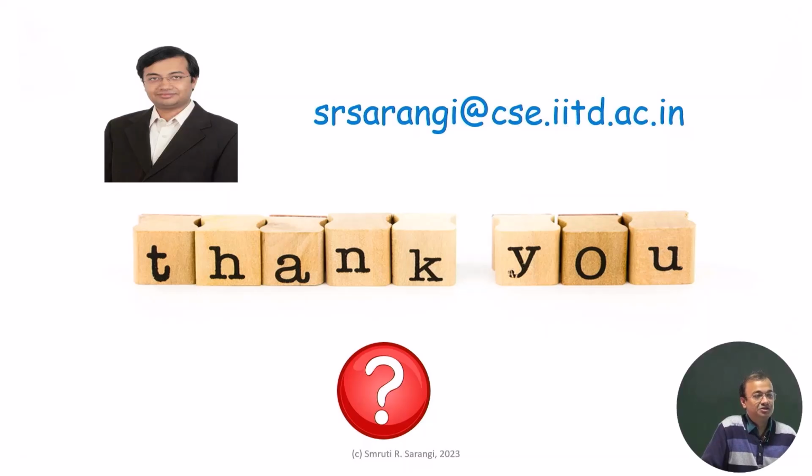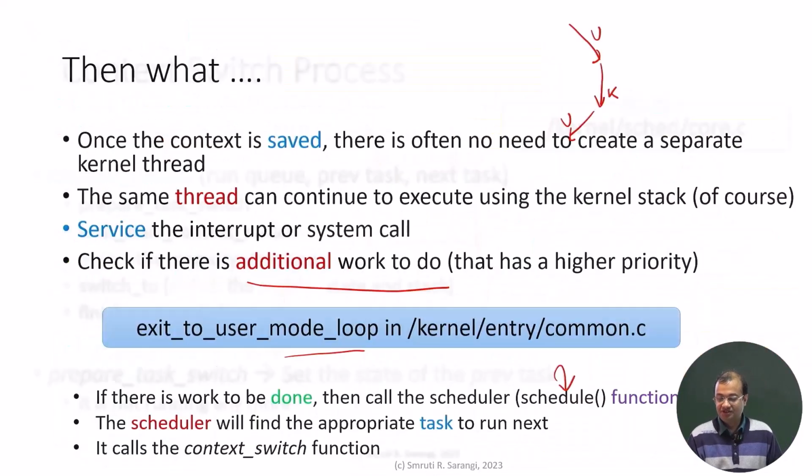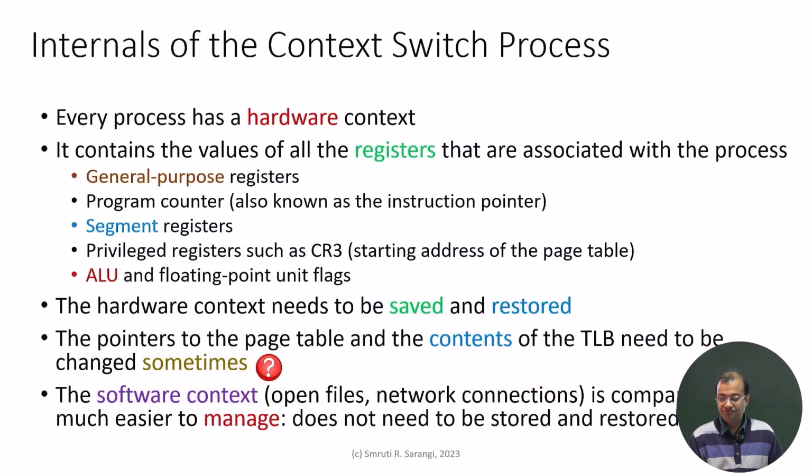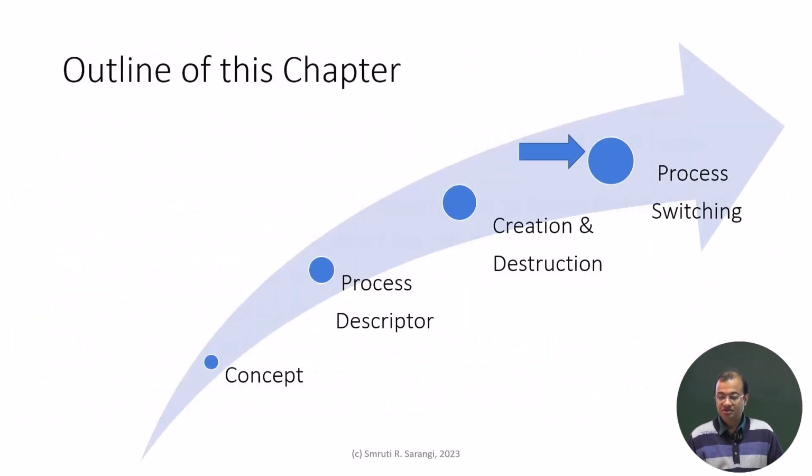So if I were to just conclude and summarize what we have done in this chapter, if I actually go back to here, the roadmap, this one. So we have looked at the concept of processes. We have looked at the concept of the task struct.